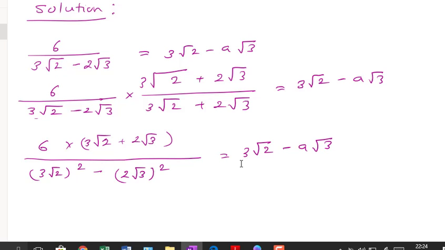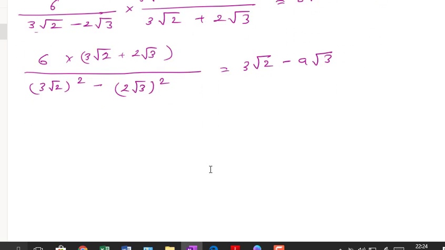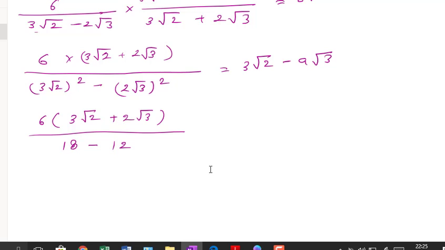So here this is 6 into 3 root 2 plus 2 root 3, divided by: 3 root 2 the whole square is 3 squared, 9, 9 times 2 is 18, minus 2 root 3 squared, 4 times 3 is 12. On the right hand side we have 3 root 2 minus a root 3.